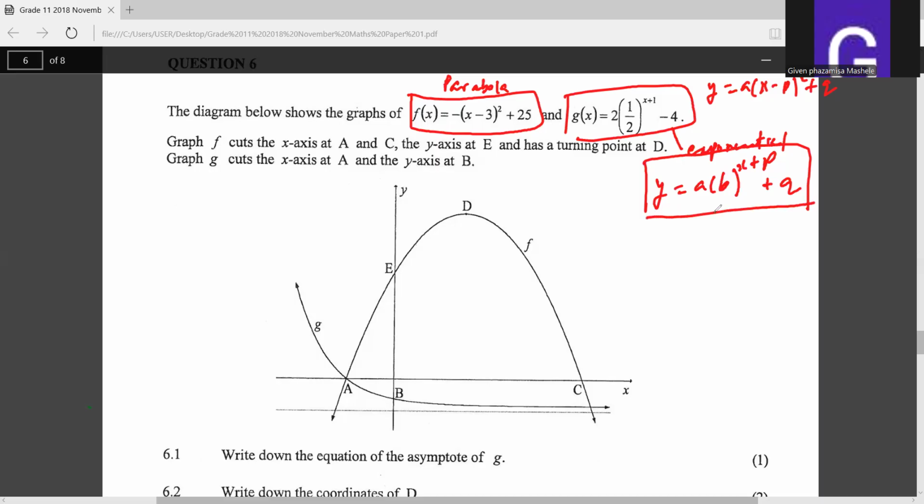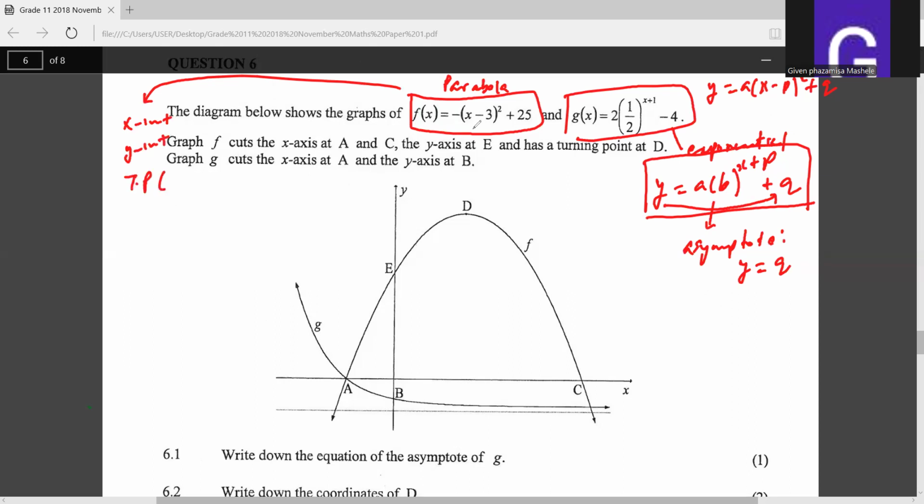And we know very well that an exponential has only one asymptote, the horizontal one, y equals q. I apologize. Now, when you are dealing with a parabola, you need to get the x-intercept, the y-intercept, and the turning point.